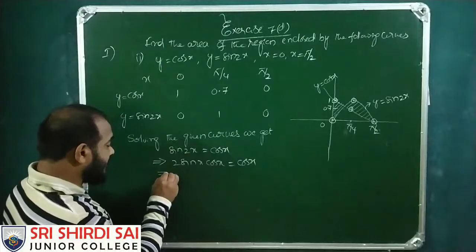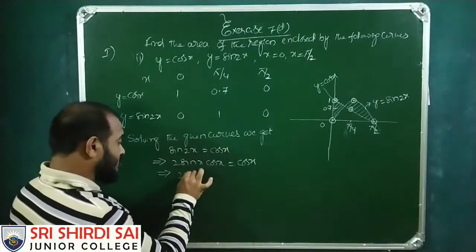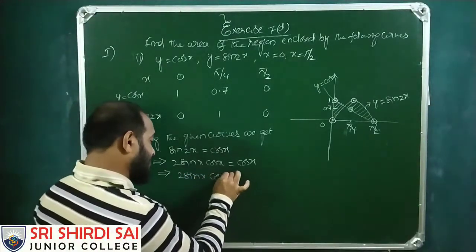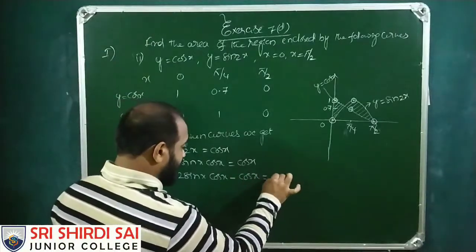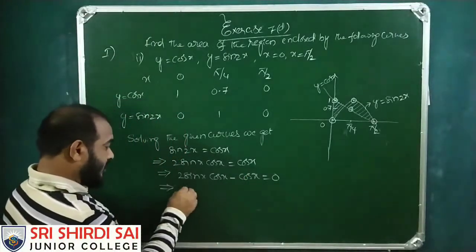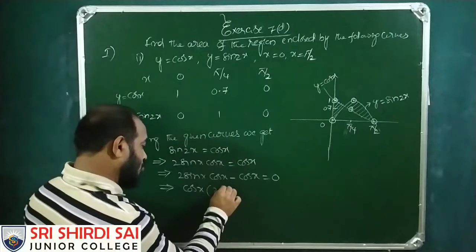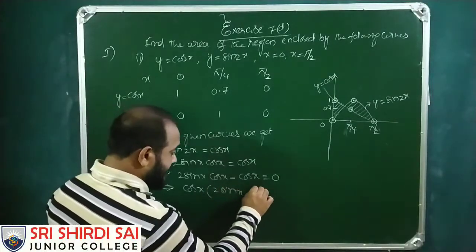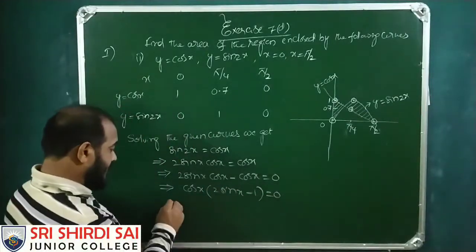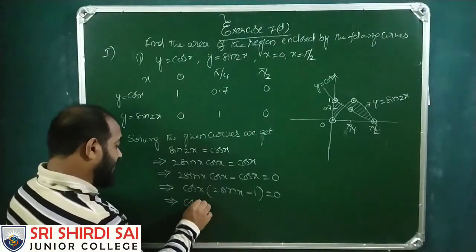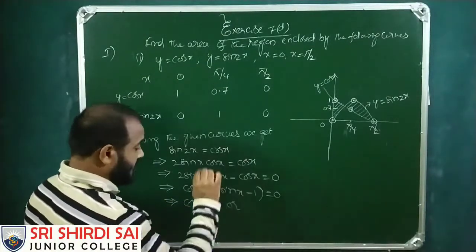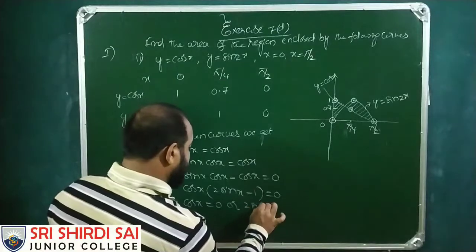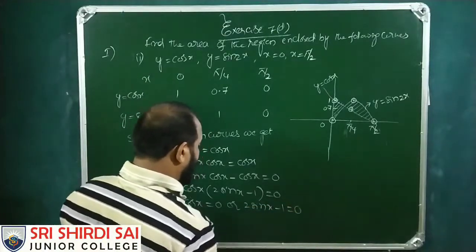Instead of that, listen, what I am doing is 2 sin x cos x minus cos x is equals to 0. So take cos x in common, then 2 sin x minus 1 equals to 0. So I am left with cos x equals to 0 or 2 sin x minus 1 equals to 0.